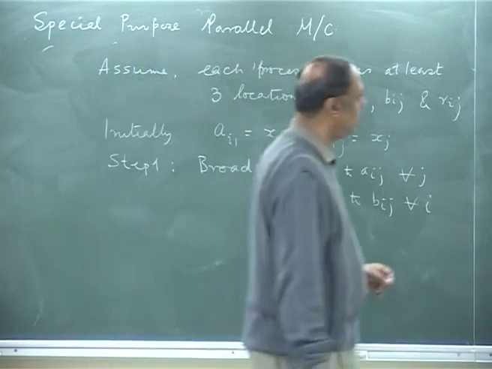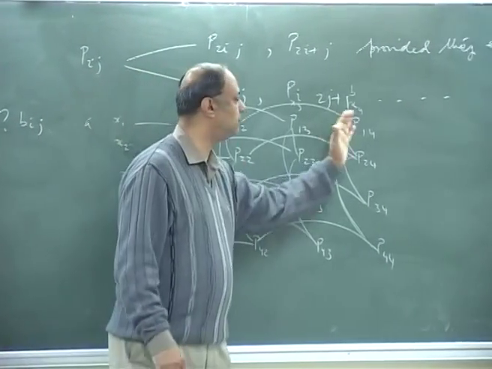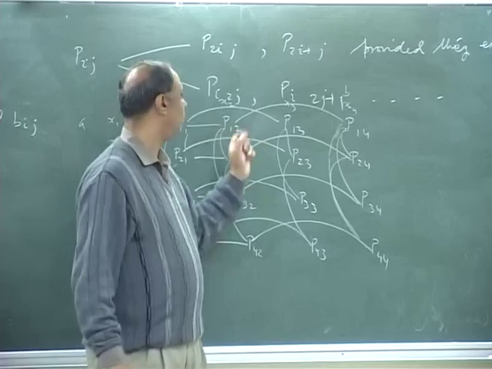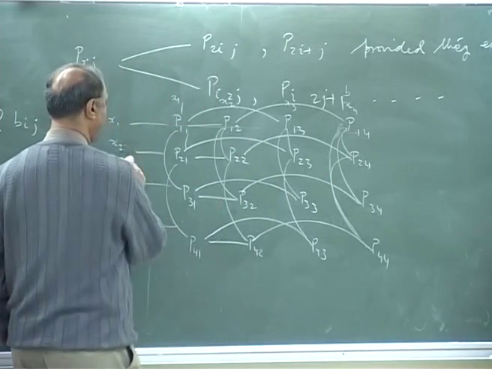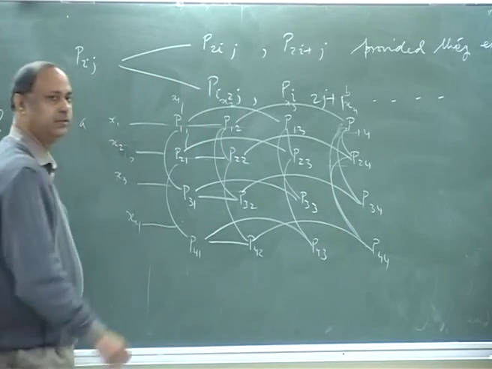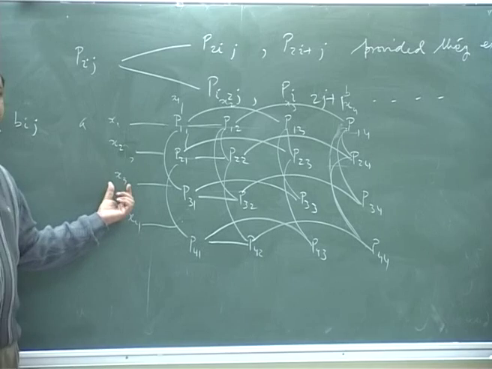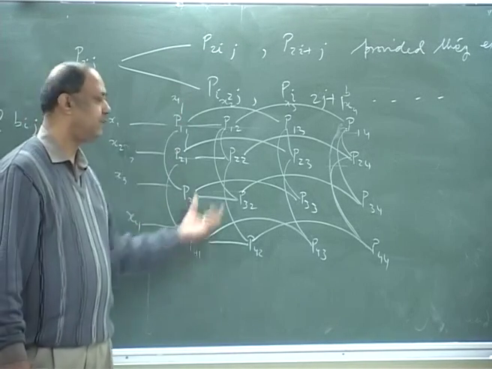So this element x1 has to be broadcast to all these elements, x2 will be broadcast to this, x3 will be broadcast to this, and so on, because x3 is nothing but Ai1 with i equal to 3. Similarly, this will be broadcast.